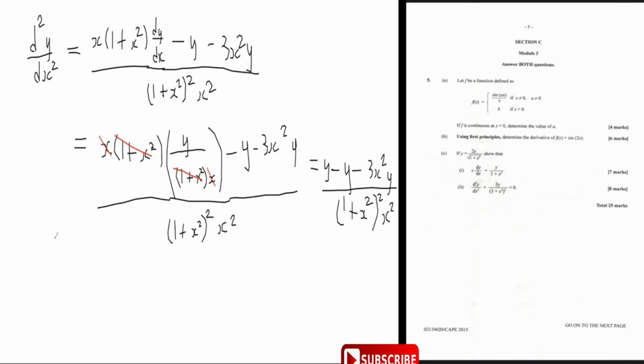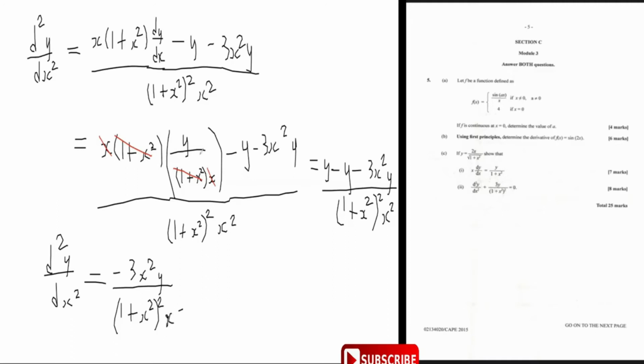So now d2y by dx squared is equal to y minus y cancel, so you get minus 3x squared y over 1 plus x squared, all squared, times x squared.